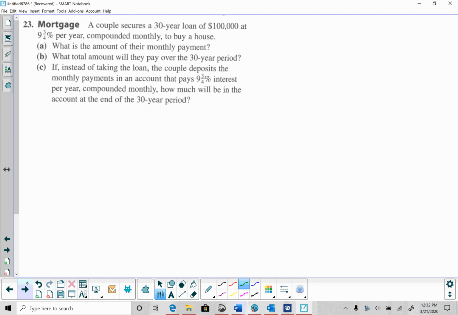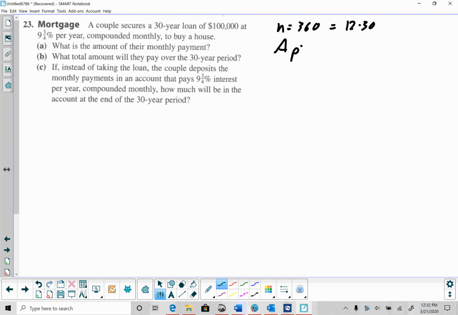All right, multiple part question here for mortgage. Again, 30-year loan, $100,000, compounded monthly. Okay, so we know we've seen this before. N is 360. Of course, that's monthly for 30 years.